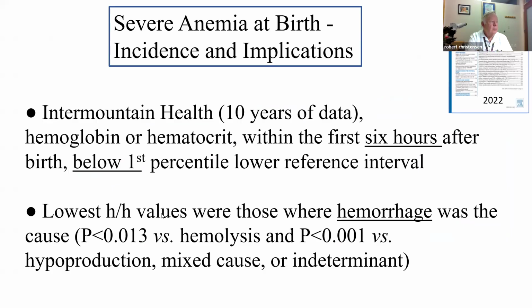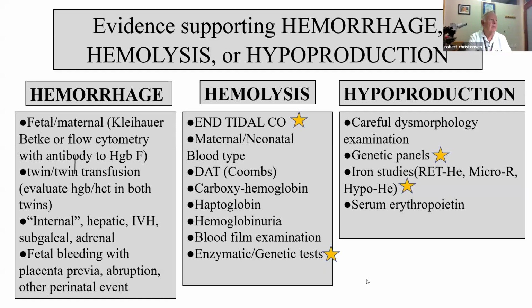and found that those with the lowest values were typically those where hemorrhage was the cause, more commonly than hypoproduction, mixed causes, hemolysis, or an indeterminate cause. Here's the evidence that we used to support whether anemia at birth was hemorrhagic, from hemolysis, or from hypoproduction, or whether we couldn't really determine it.